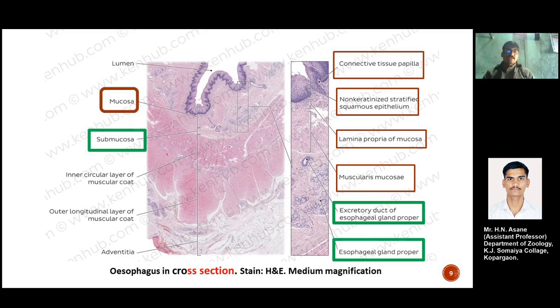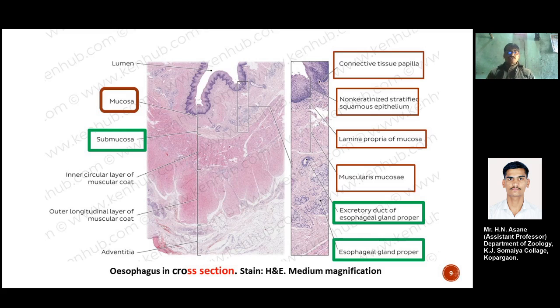You can see the lumen, which provides a passage for the food material to pass through the esophagus up to the stomach.